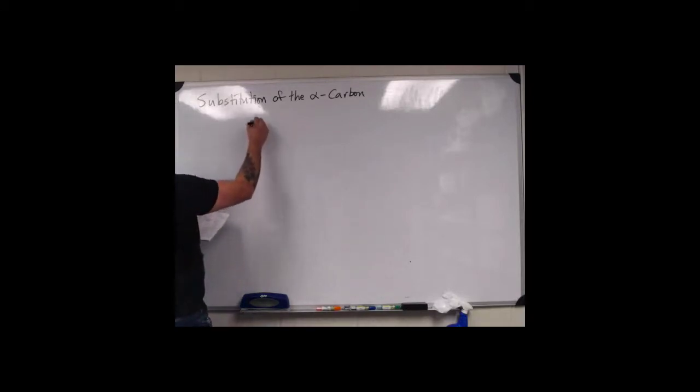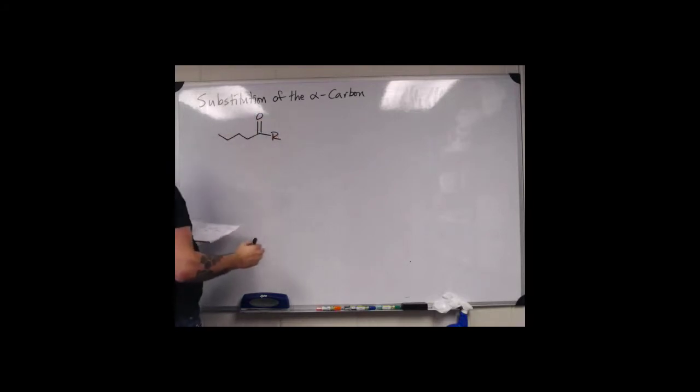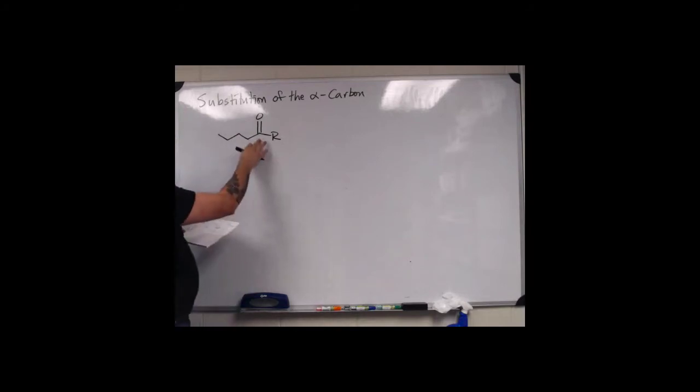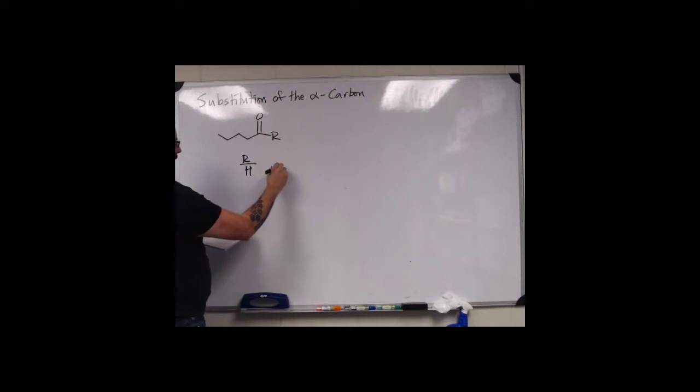So let's consider the following substrate. We have this carbonyl functionality. So again, carbonyl is a C=O pi bond. I'm calling this side of the molecule R. And R can be the following things: H, so if it's an H, it's an aldehyde.